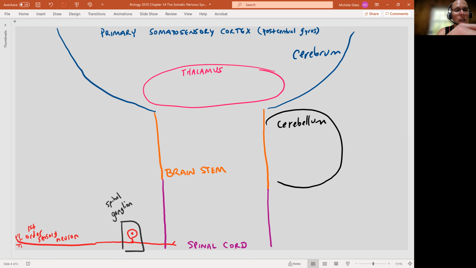So what we're seeing here is that the first order sensory neuron is going to be collecting the sensory information. It's going to come in the spinal nerve to the posterior root. This cell body will be located in the spinal ganglion, and then it is coming into the spinal cord.